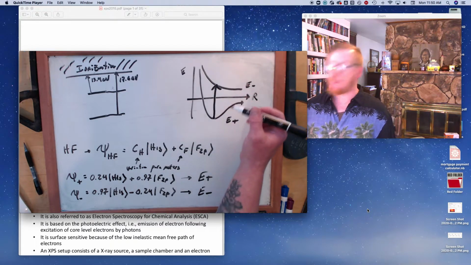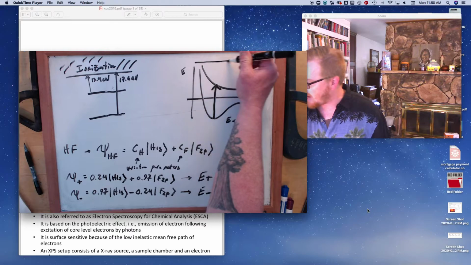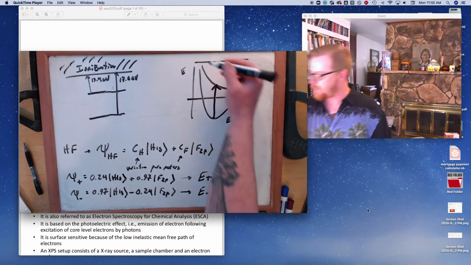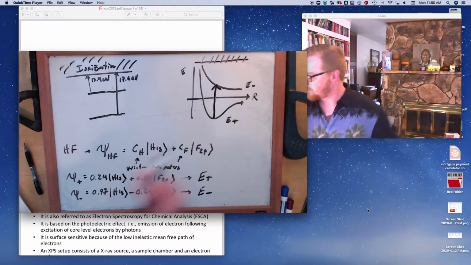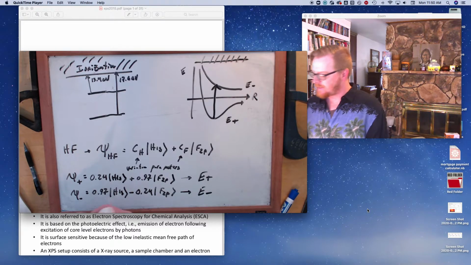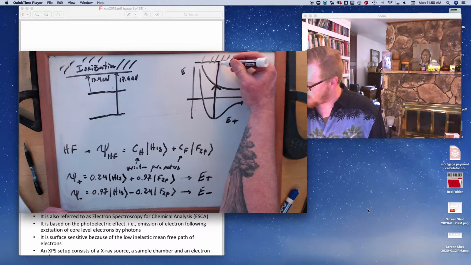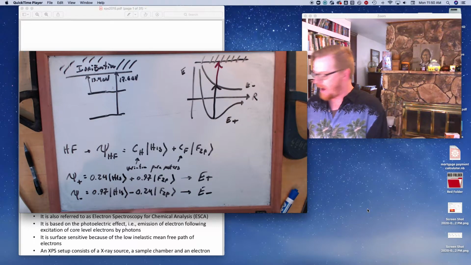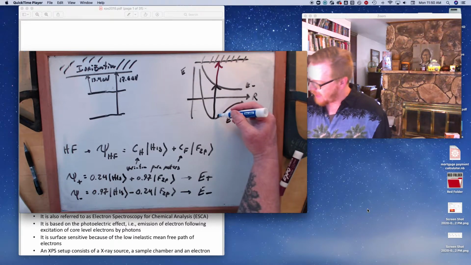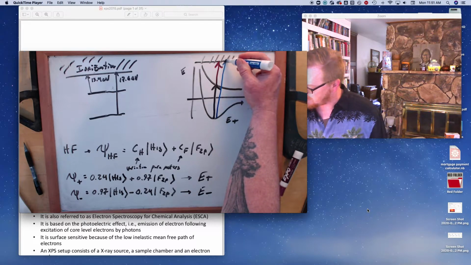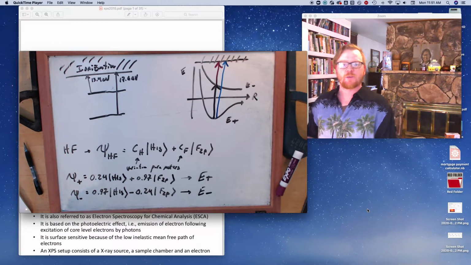But if we relate that to some ionization level right up here, then I get that 13.4 eV for the ionization there, and I get that 17.6 eV for that level right there.